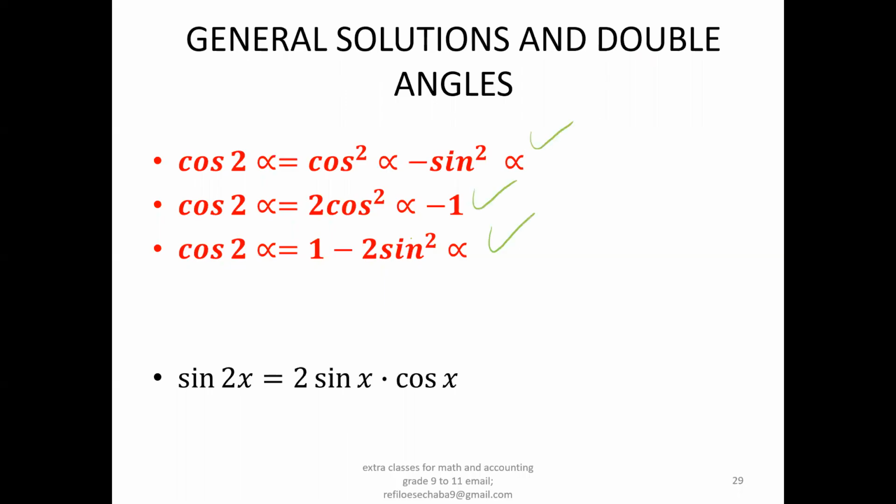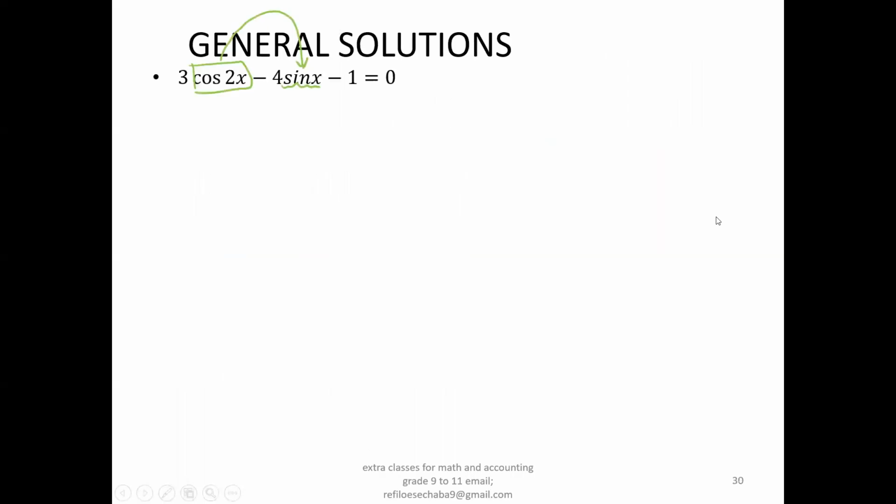But because in the expression that I gave you the middle term has sine, I'm just going to change this cos 2x to 1 minus 2 sine squared x. Does that make sense? Are you fine with this?